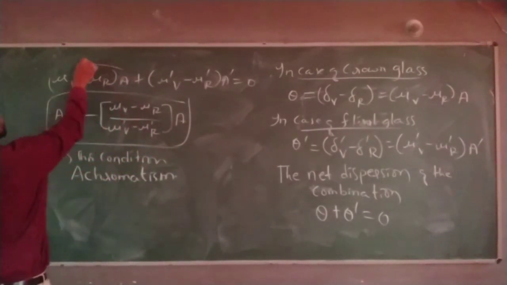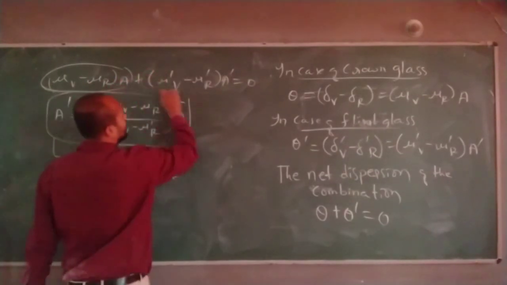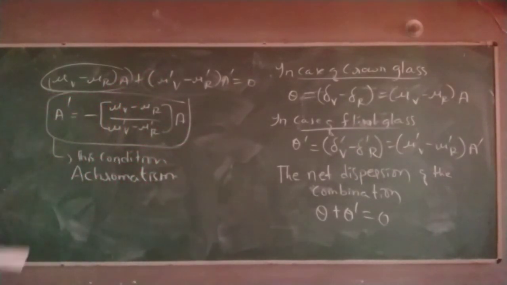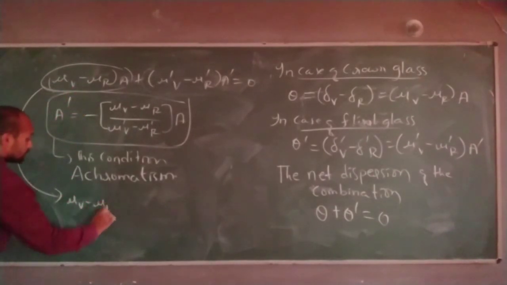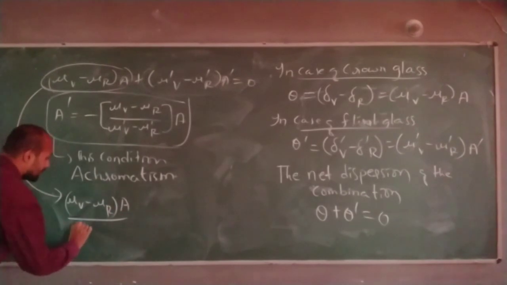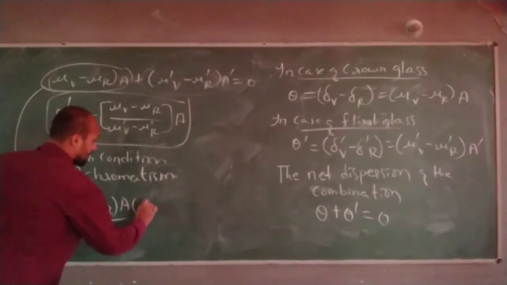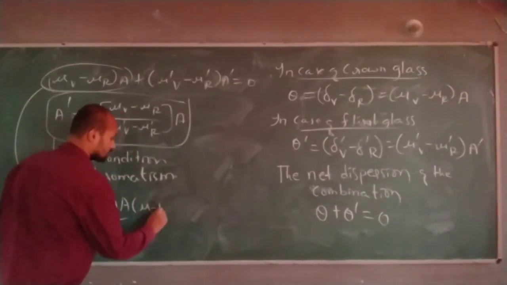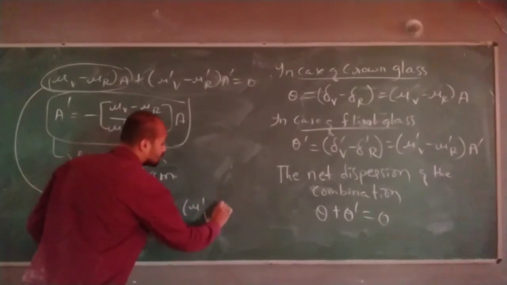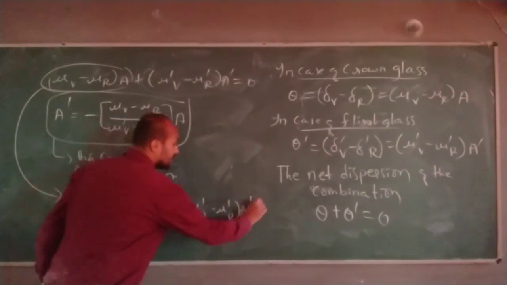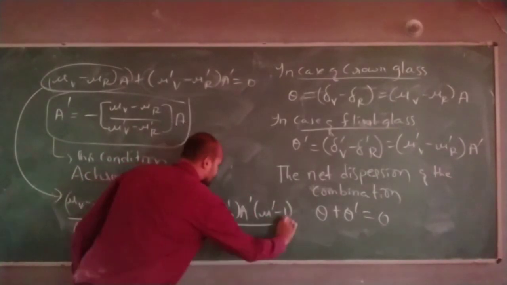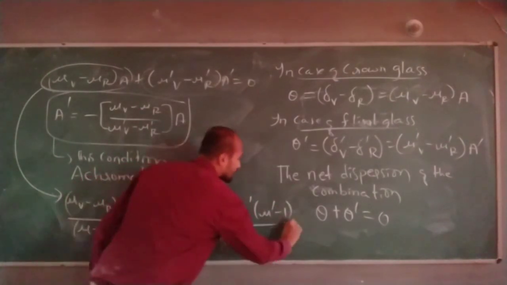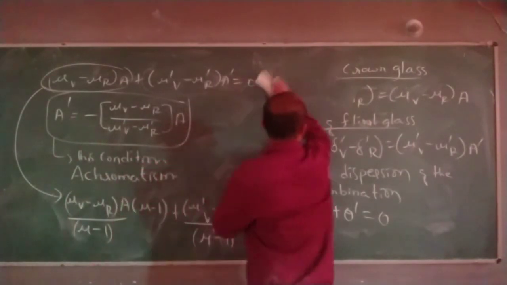Dispersive power for this equation I can write: mu v minus mu r into a divided by mu minus 1 into mu minus 1, plus mu dash v minus mu dash r into a dash into mu dash minus 1 divided by mu dash minus 1, will be equal to 0.